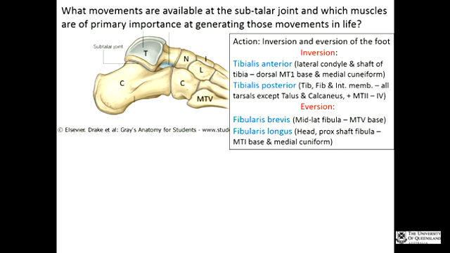And their shortening will raise the medial border of the foot and invert it. Eversion is primarily by fibularis brevis and longus. These are kind of equivalent muscles, but passing on the lateral aspect of the ankle and subtalar joint.